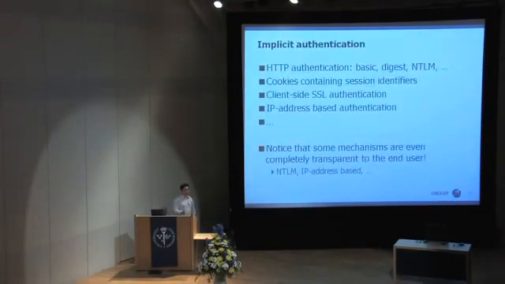If you have a closer look at that trust relationship, the main problem is that for all requests sent between the browser and the server, the implicit authentication is providing trust. So for each request, the client can send HTTP credentials like basic authentication, could send cookies with a session identifier, could use client-side SSL or just its IP address as the baseline for authentication and authorization.